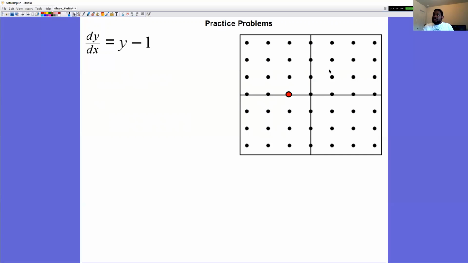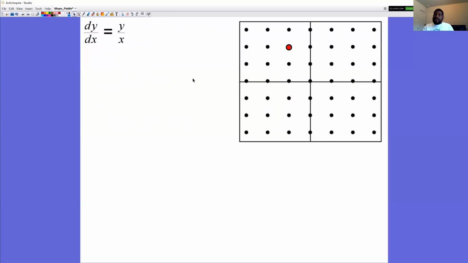So you'll need to draw the slope field first, then use the slope field to sketch the solution curve through that point. Here's another one that depends on both x and y. Again, there's the point at -1, 2. So draw the slope field, then use the slope field to sketch the solution curve.